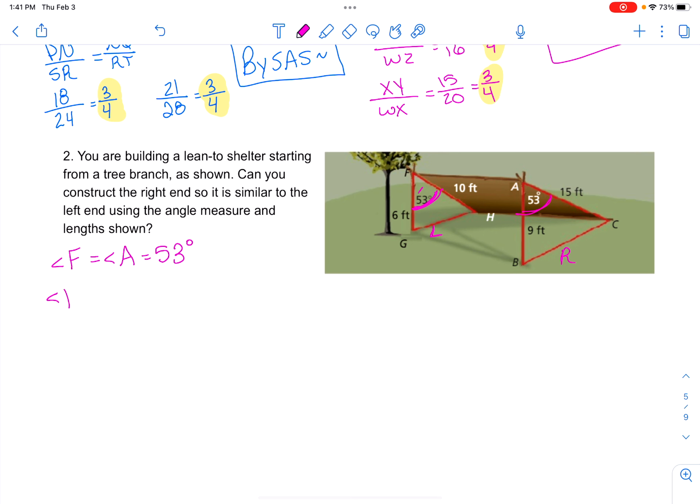Therefore, angle F is congruent to angle A. So we already have that those angles are congruent. Now we just need to see if those sides coming off of the angles are proportional. So we need to see if AC over FH is equal to AB over FG.